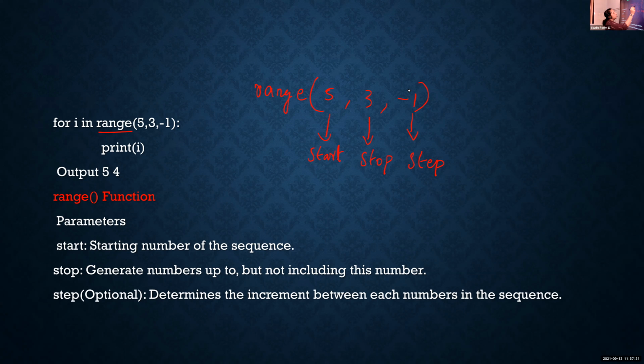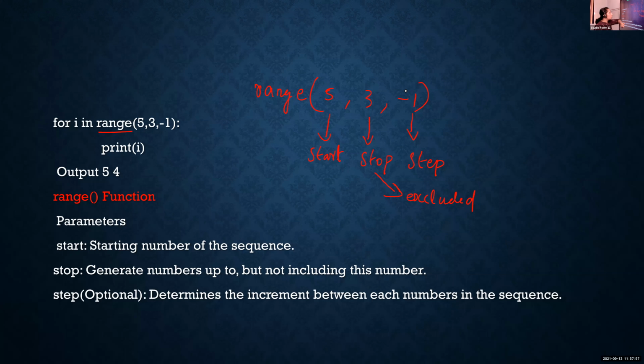But the stop value is excluded from the output. It is not included in the output section. The stop value is for stopping, but that last value is excluded when we print the output.